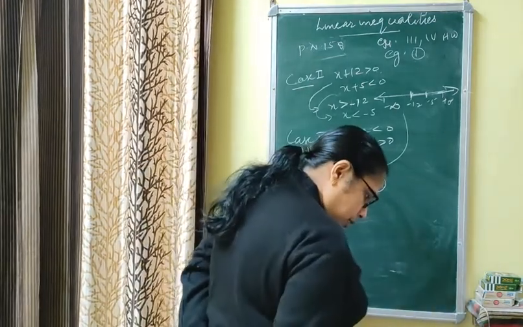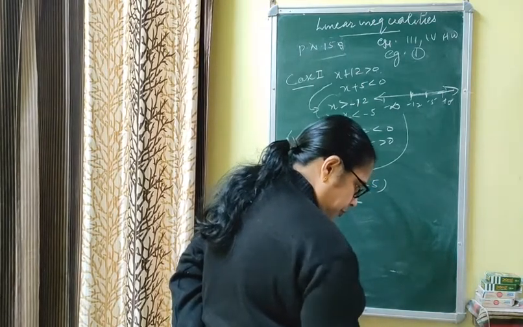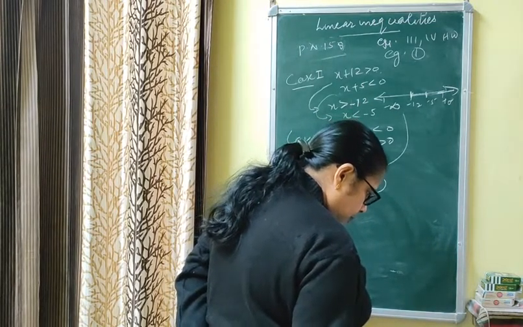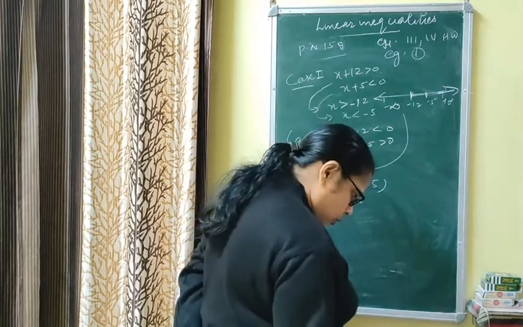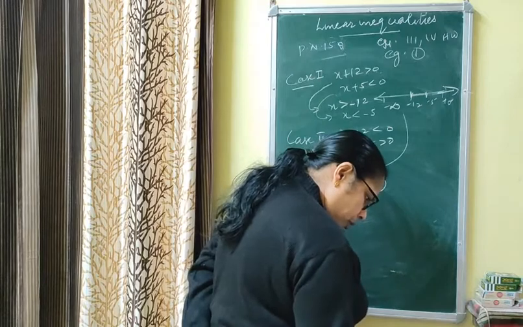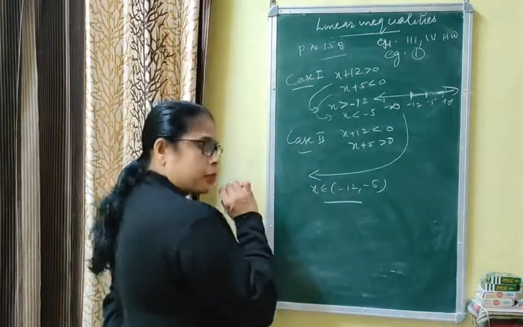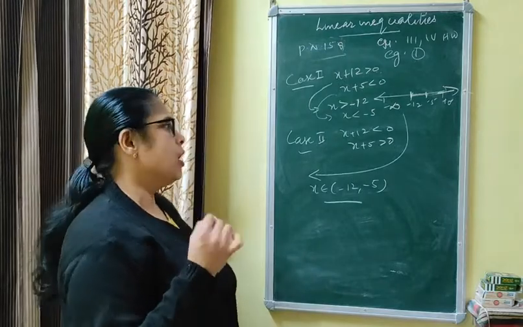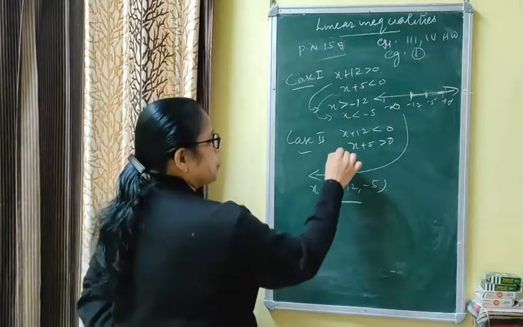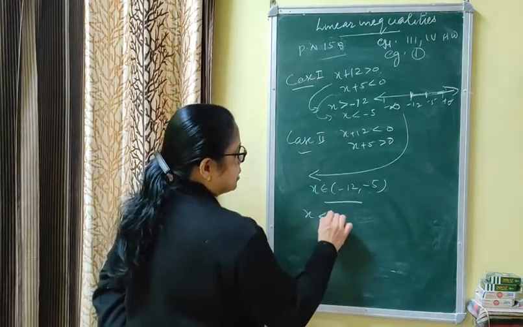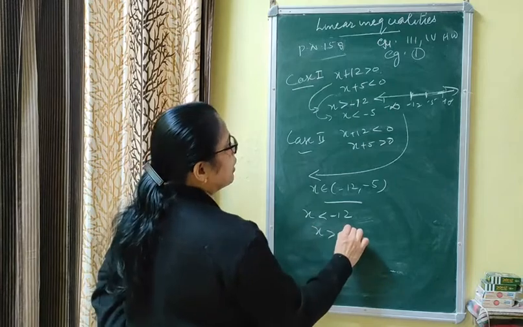And what will be the second case? Let us take the second case. Let me check the question once more. Now let us see case 2 as well, whether some common region is coming or not. x plus 12 less than 0 means x less than minus 12, x plus 5 greater than 0 means x greater than minus 5.